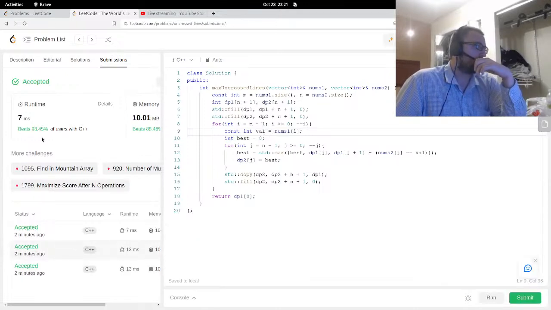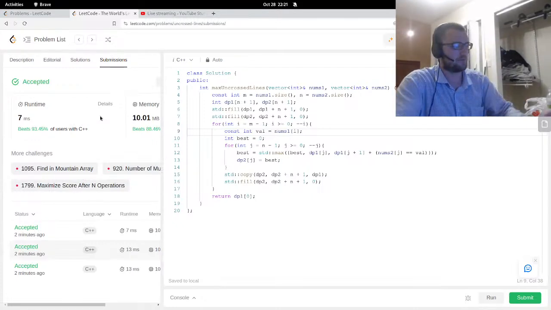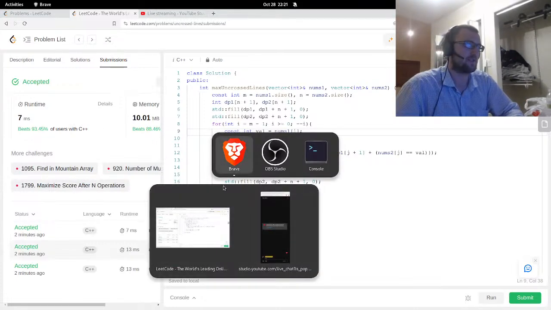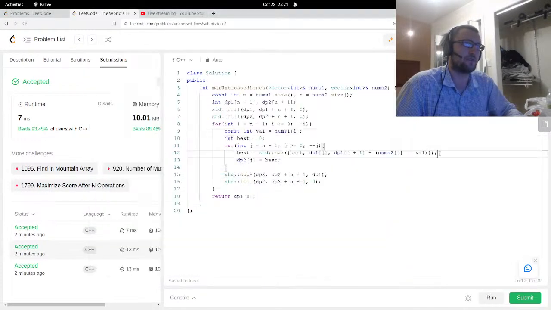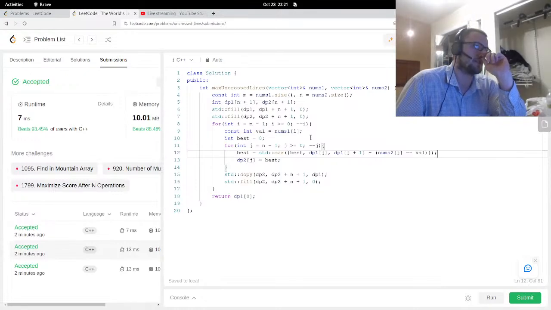Yeah, it's relatively fast. It's not the fastest. There might be a faster solution that's linear time. It just took me a while to think it through. It's an interesting question for sure.